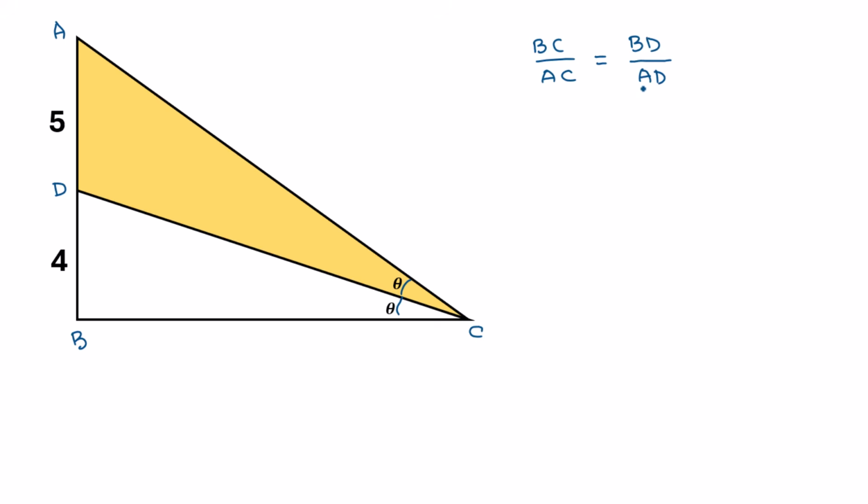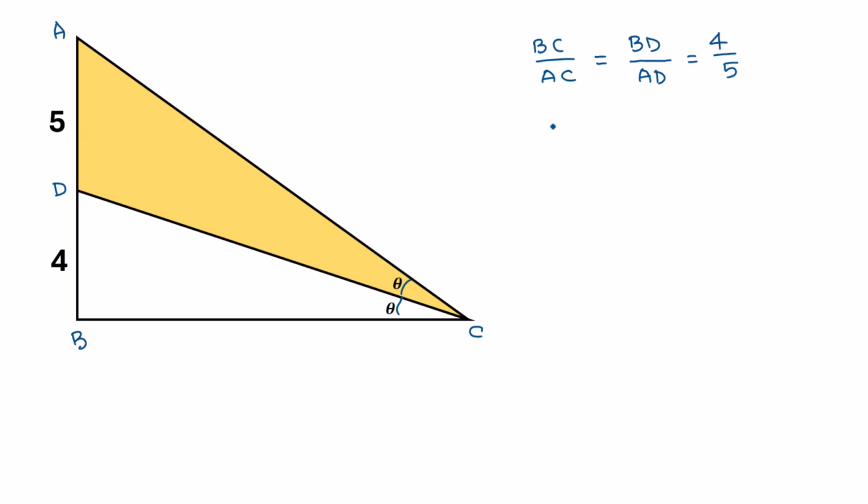But we know this length BD is equal to 4 units, so this is 4 divided by AD. This is 5 units. So the ratio of BC divided by AC is equal to 4 divided by 5.